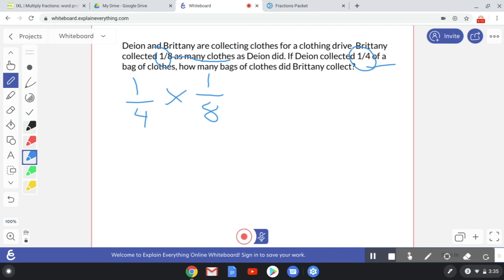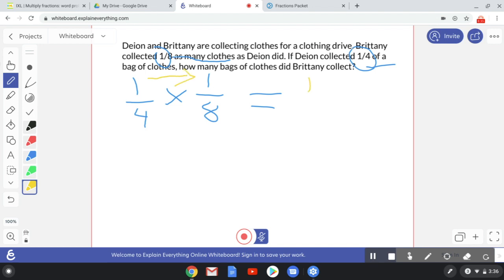So I set it up and I look. There's no way for me to cross simplify. If you don't know what that means, it's okay. We'll just solve the problem by multiplying across, and then you're able to simplify at the end if you need to. But for those who understand cross simplification, I don't see any common factors between the numerator and the denominator on either side. So there's nothing for me to simplify.